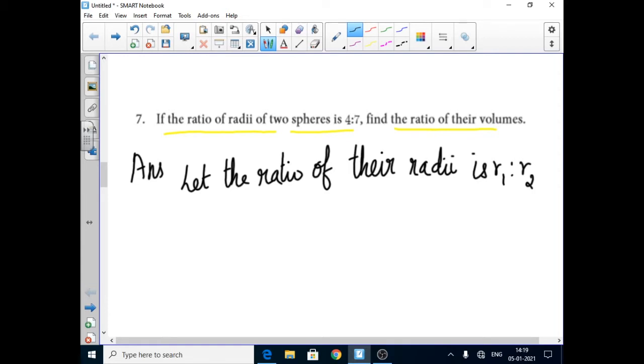So, ratio of their radii, that is R1 is to R2 is equal to what they have given, 4 is to 7. Next, the question is find the ratio of their volumes. So, here we should know the ratio of their volumes.